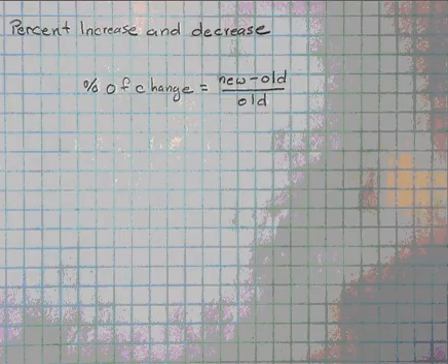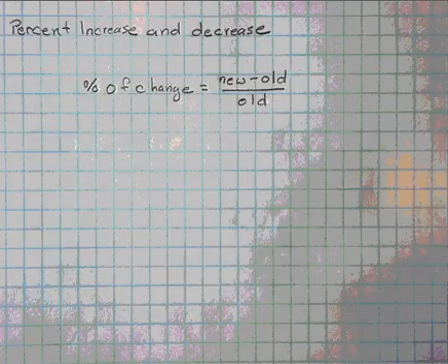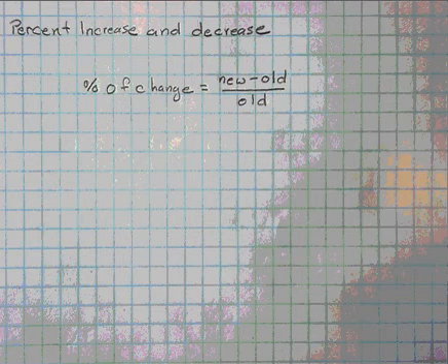What's really nice about finding the percent increase and decrease is you have this to find your answer. There's not a whole lot of looking around and figuring out what means what. You take your new amount, subtract your old amount, and then you divide it by your old amount. That is what we are going to be using to find a percent of change.